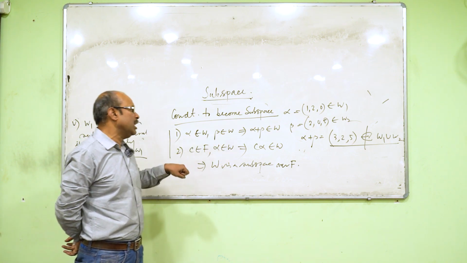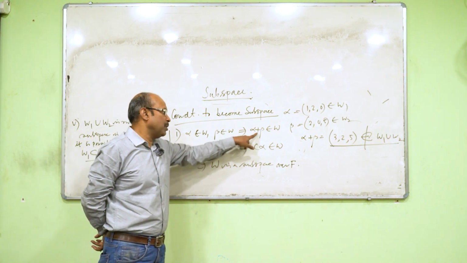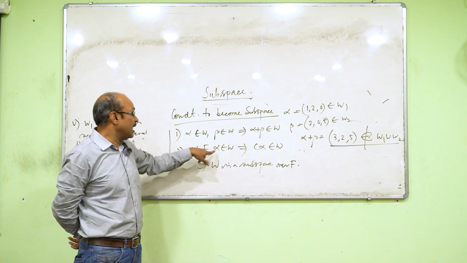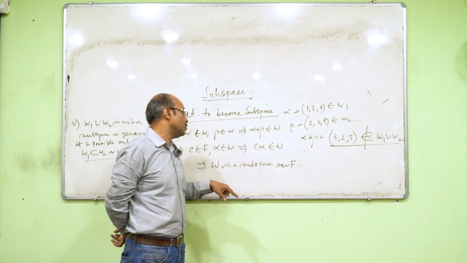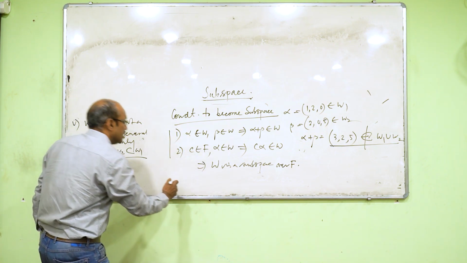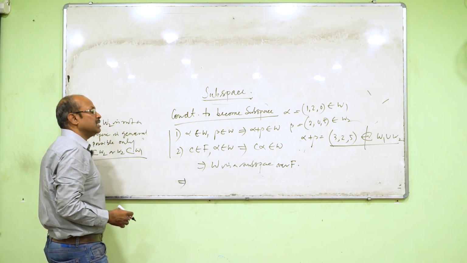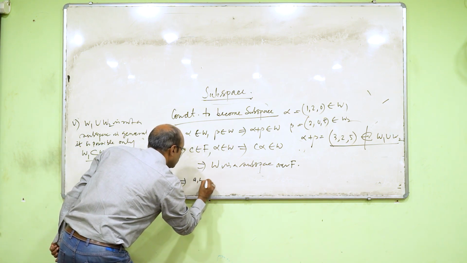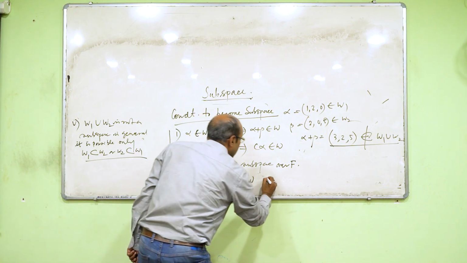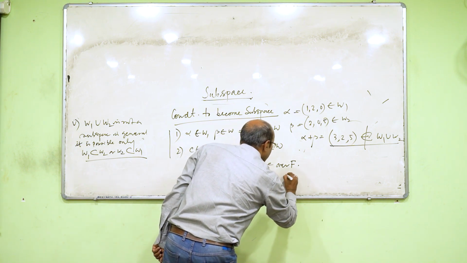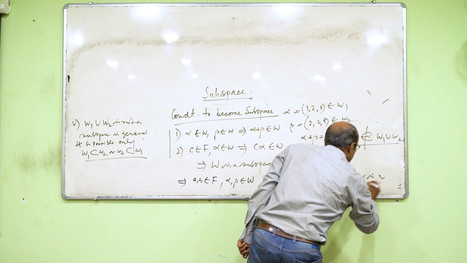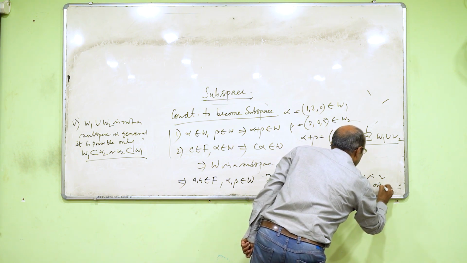If we take two elements from W, the closure property is that alpha plus beta also belongs to W. If we take C belonging to capital F, the field of scalars, and alpha belongs to W, then C alpha must belong to W. If W satisfies these two conditions, then W is a subspace over F. The combined condition is: A, B belong to F and alpha, beta belong to W. Then if A alpha plus B beta belongs to W, W is a subspace over F.